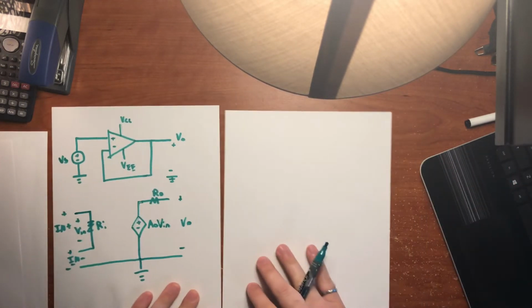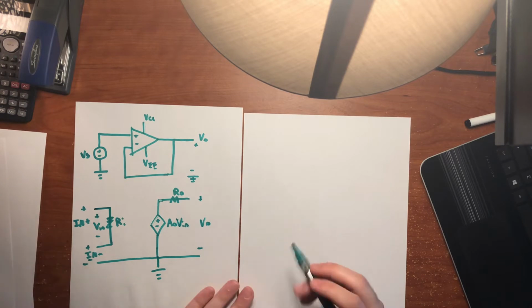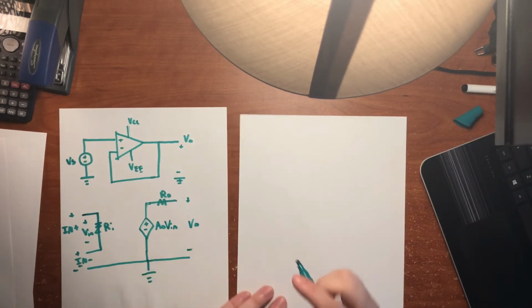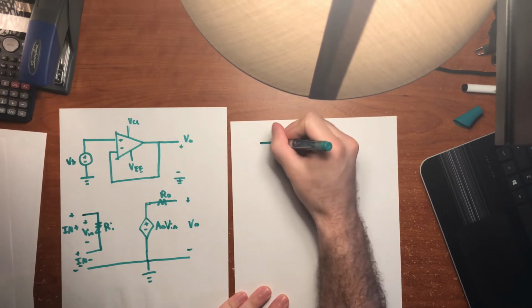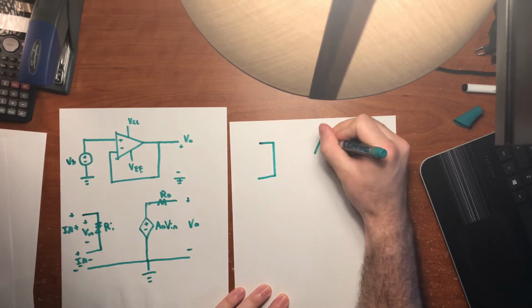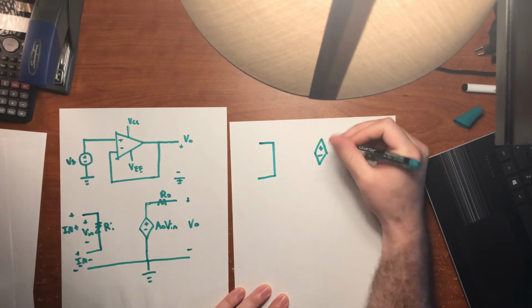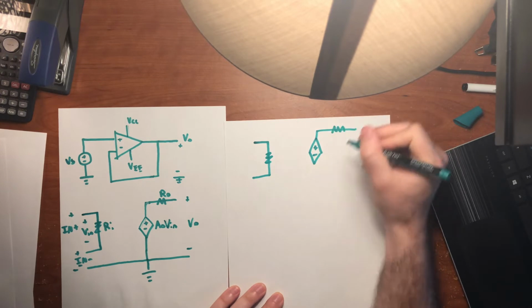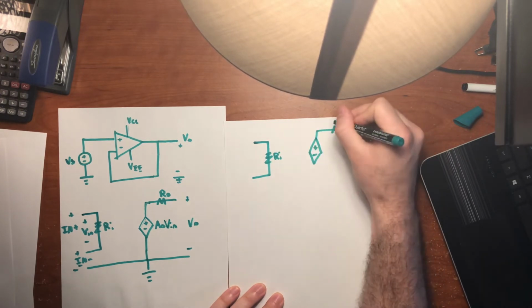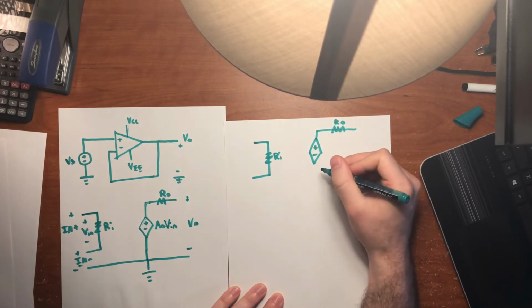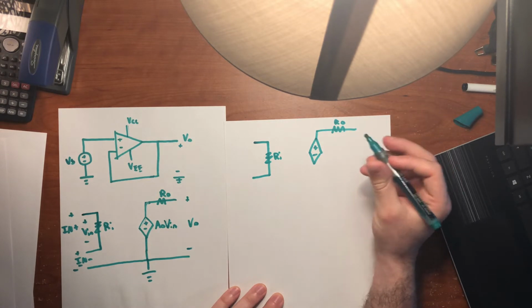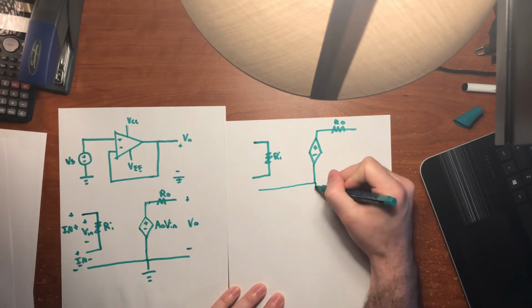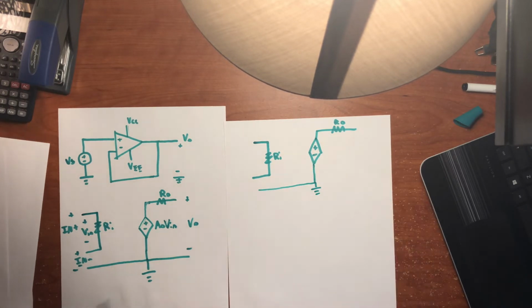So let's redraw the insides of the op amp again. We have the input resistance, output resistance, then we have the ground, like that.